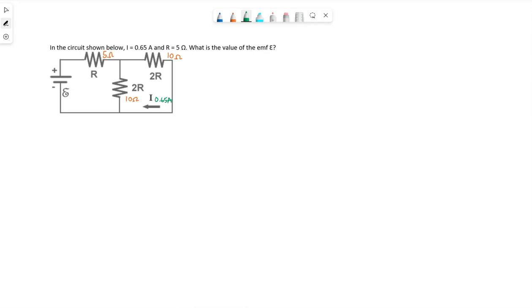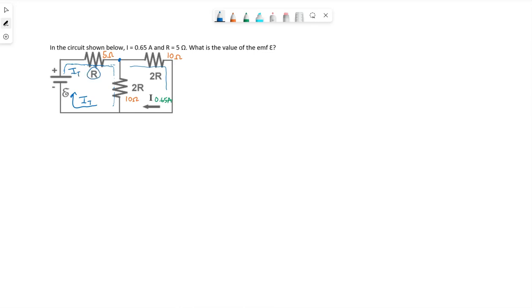Now we can determine how these are all connected by following a path. If I start at the positive end of the battery and start going through, I must pass by that 5 ohm resistor, but then I reach a junction here. At that junction, we could go this way, or we could go this way. Ultimately, this path we're taking could represent some current. We can talk about the battery current or total current that flows.